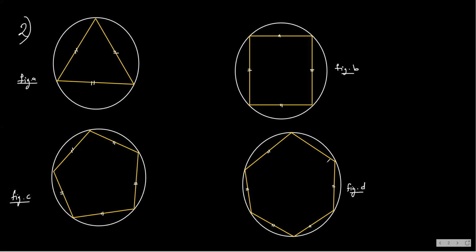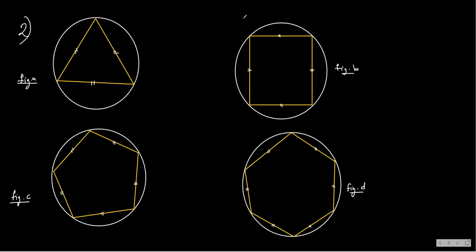Now remember, students, such polygons where all the sides are equal are known as regular polygons. So this is a regular pentagon. This is a square, which has a specific name. This is a regular pentagon and this is a regular hexagon inscribed in a circle.